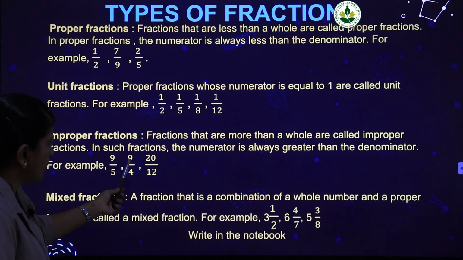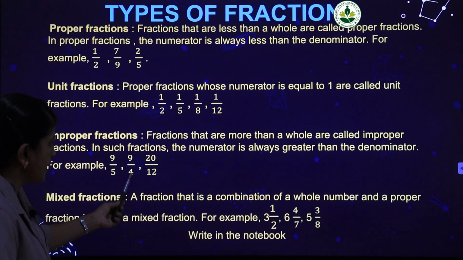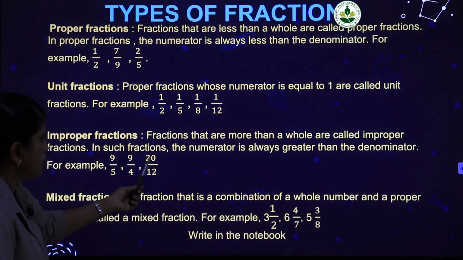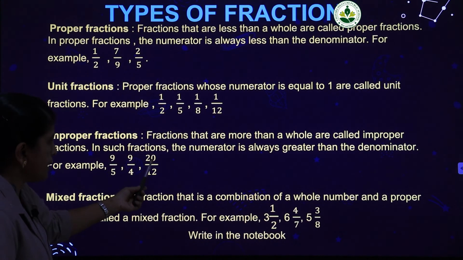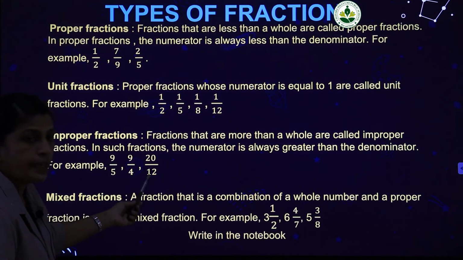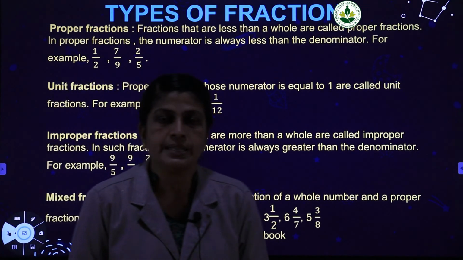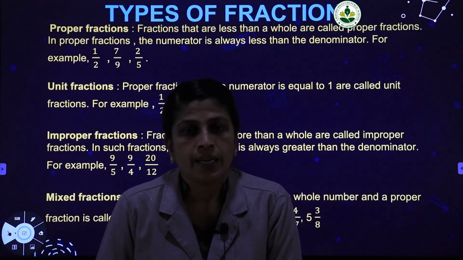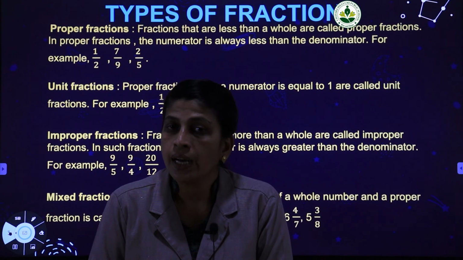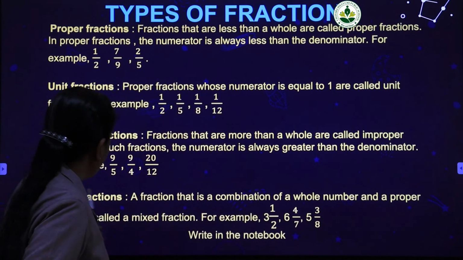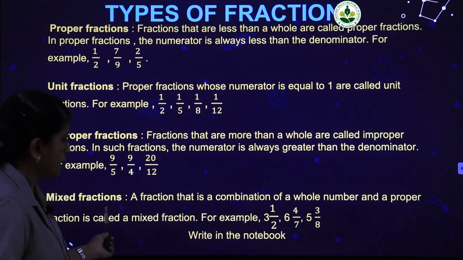9 by 4. Here also, the numerator is greater than the denominator. 20 by 12. The numerator is greater than the denominator. Therefore, in improper fractions, the numerator is greater than the denominator. Next is mixed fractions.